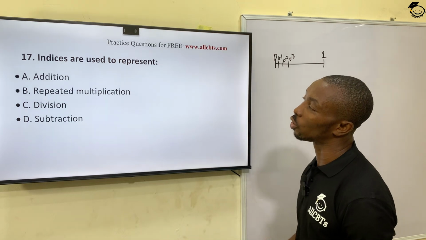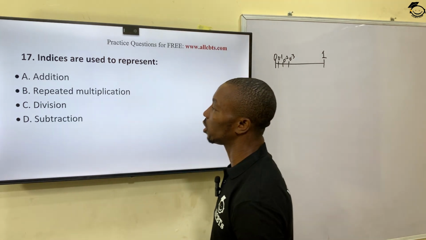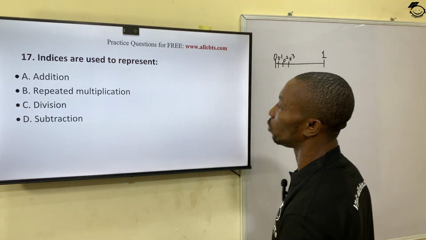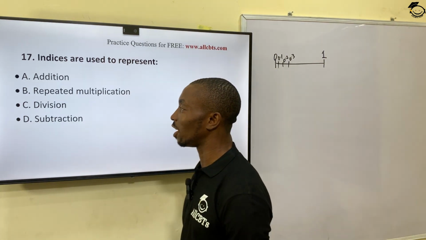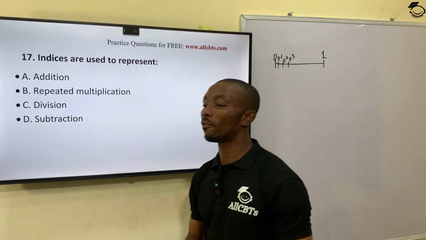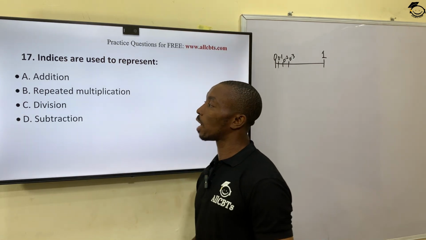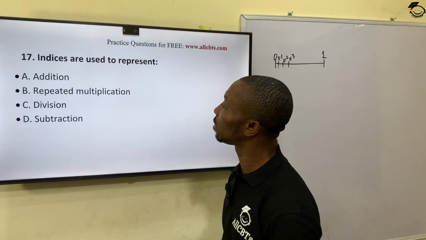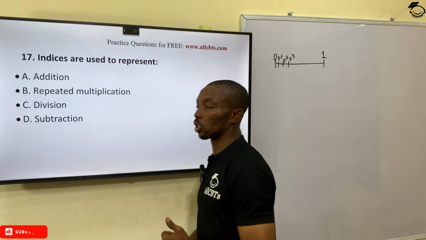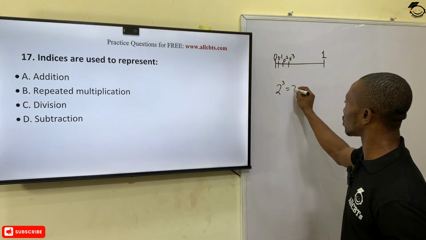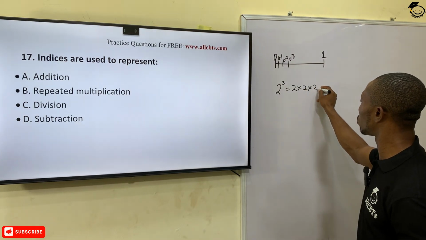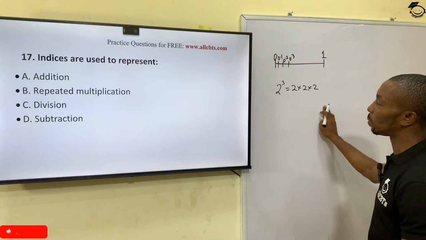Indices are used to represent A, addition, B, repeated multiplication, C, division, and D, subtraction. Now, the main focus of indices is representing repeated multiplication. That's why we have 2 raised to the power 3 as 2 times 2 times 2, repeated multiplication.